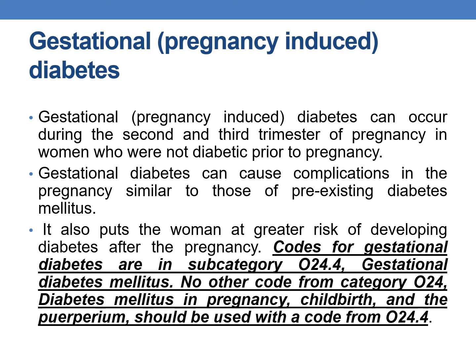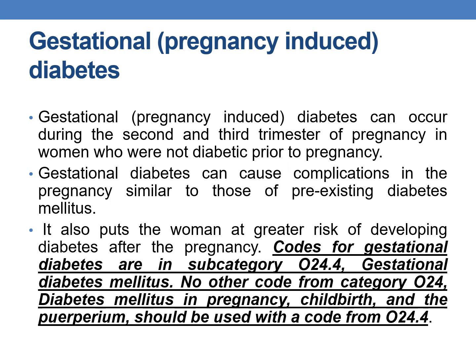Here the diabetes mellitus develops during the second and third trimester of the pregnancy and usually gets resolved after the delivery. Gestational diabetes can cause complications in pregnancy similar to those of pre-existing diabetes mellitus. It also puts the woman at risk of developing diabetes after the pregnancy.